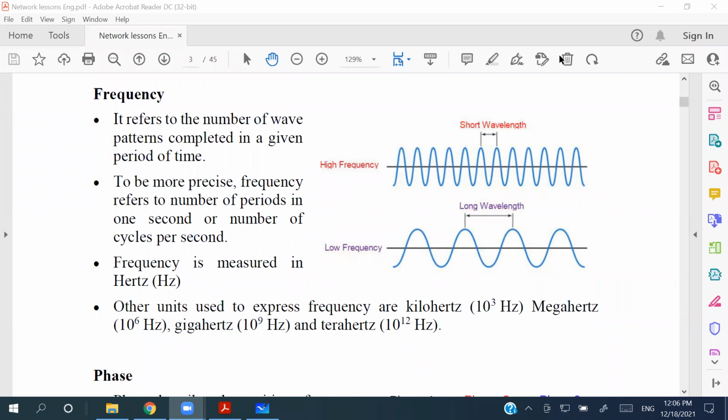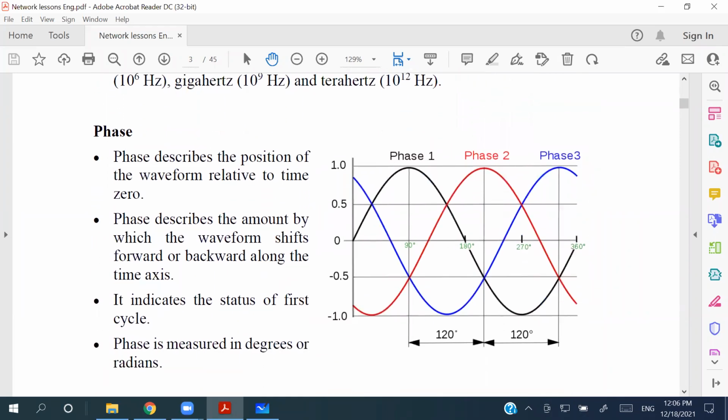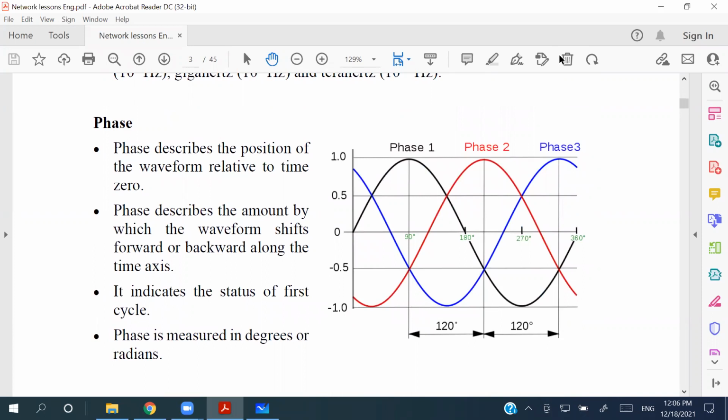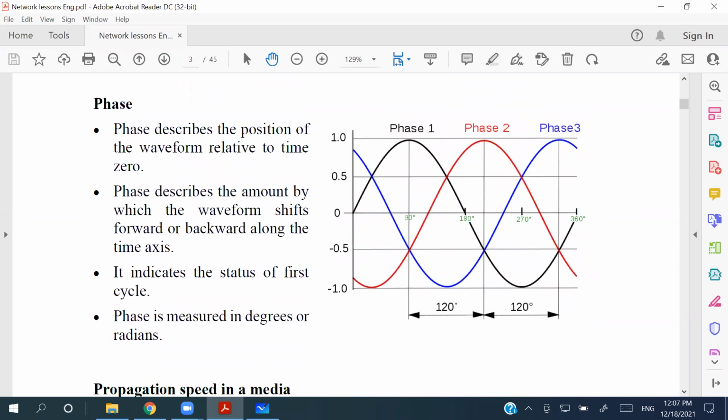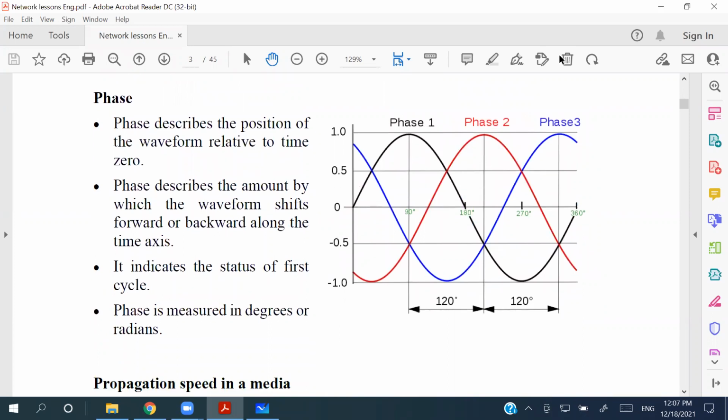Then we are moving to the next quality, which is called the pace. Now, pace, you should understand very carefully. Pace means the angle of the wave compared to the x-axis.